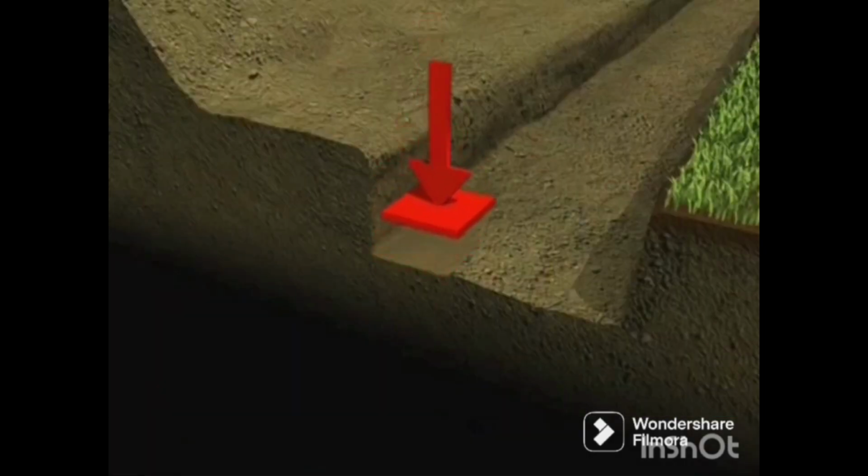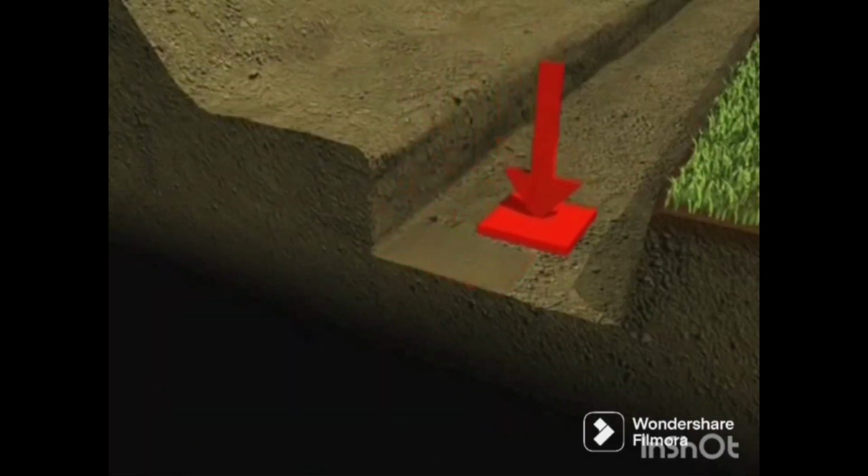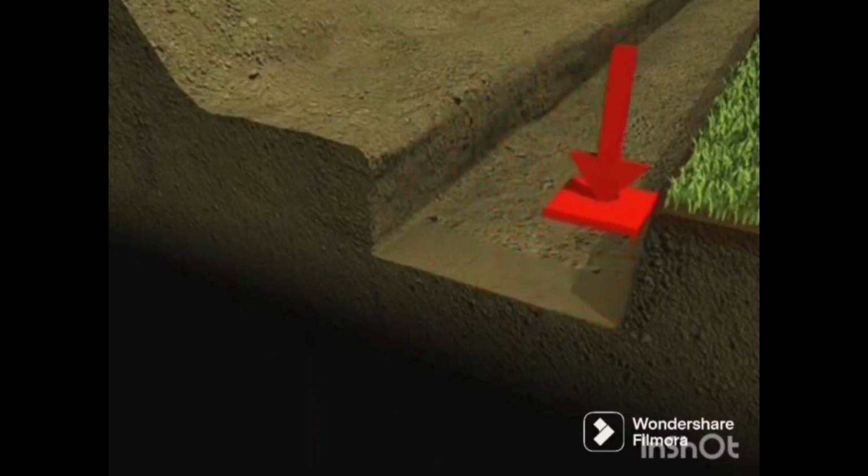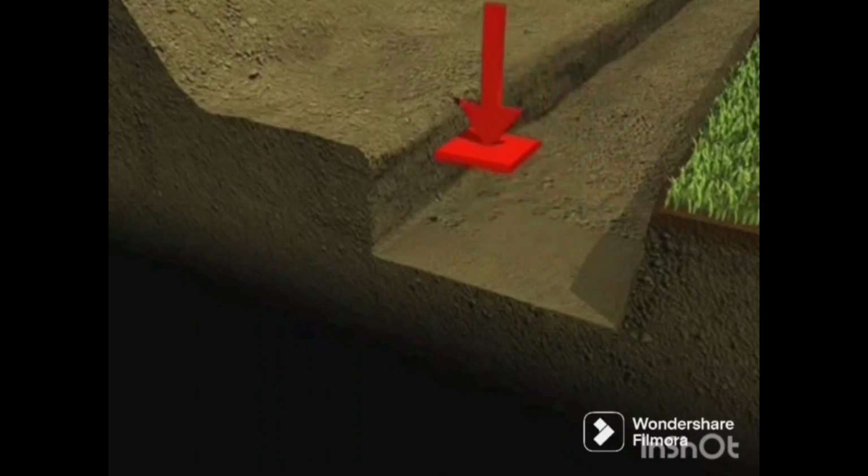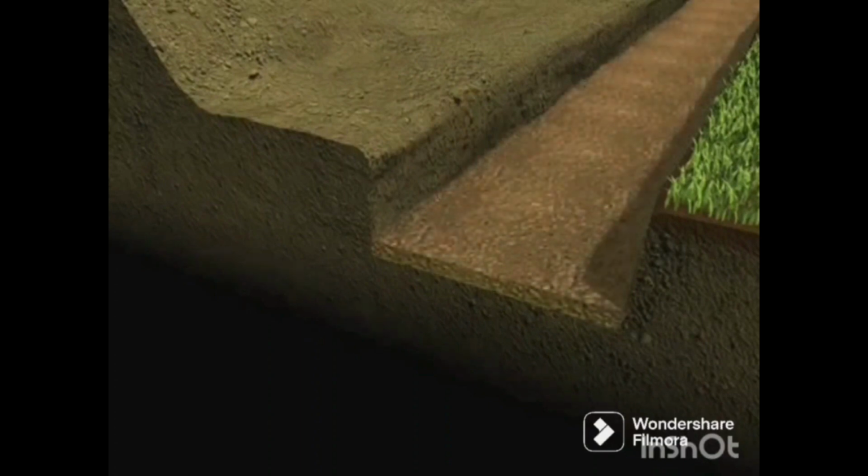Firstly, soil cement backfill as the base for the cabin wall. The bottom of the soil that is excavated is compacted with a vibrating plate compactor. Then, backfill the first layer of the soil cement and compact the soil evenly.